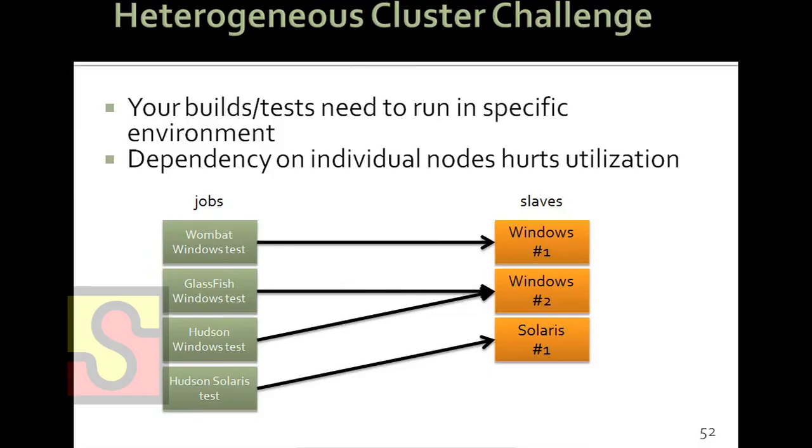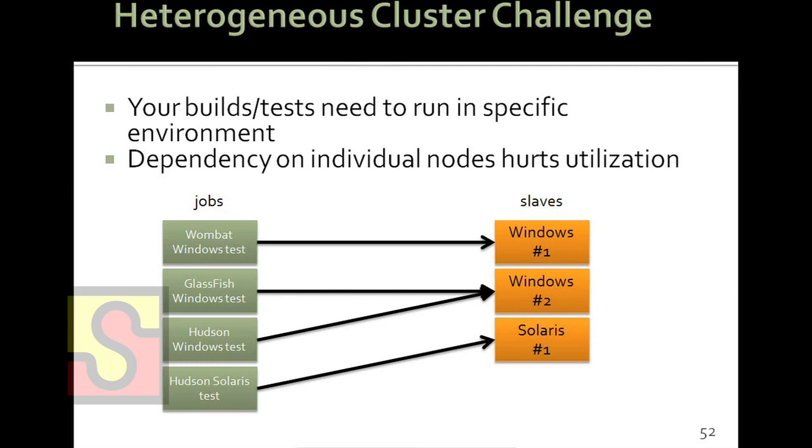And I guess another thing that once you start using a big cluster is how you configure what jobs to run where. So often, even though your cluster as a whole might have different environments, your specific test or specific build often needs to run on a particular environment. So let's say if a particular test is meant to be run on Windows, then you have to run it on Windows, right?